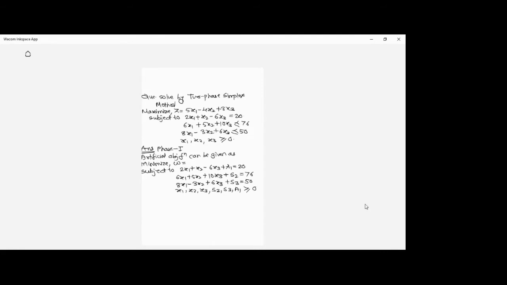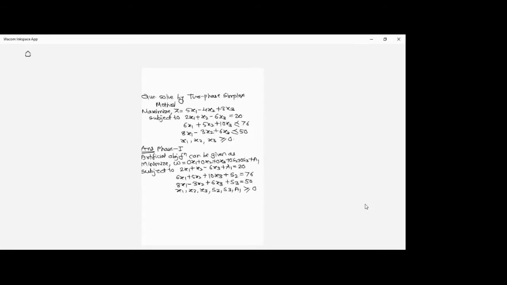For the objective function, it is very simple. Only the artificial variable will have a coefficient 1 and all the others will have 0. So it is 0x1 plus 0x2 plus 0x3 plus 0s2 plus 0s3 plus a1. So this is our objective function, right? Next we are going to make a simplex table.